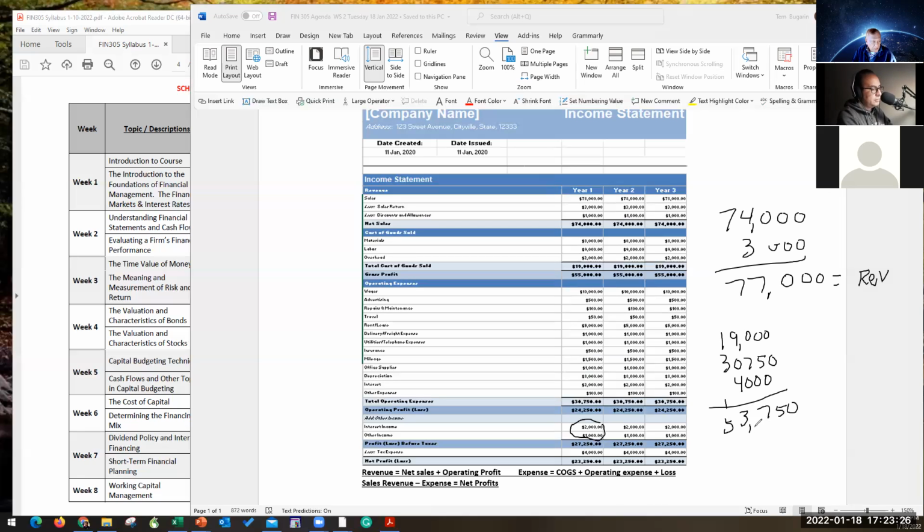So that's expenses. So when you take your sales revenue minus your expenses, I get my calculator. $77,000 minus 53,750, I have 23,250. That's exactly what you have as your net profits.